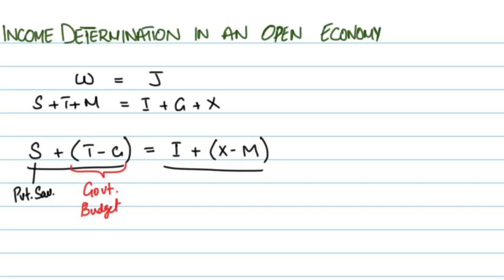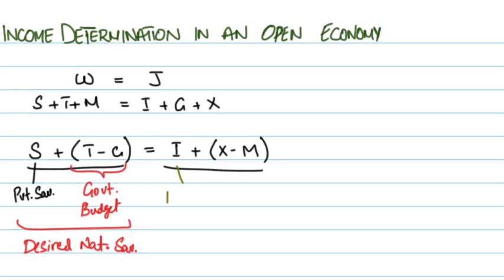And at any time, T minus G will always be a surplus. The government will not spend in the form of government expenditure more than it gets in the form of net taxes, right? So this can be regarded as public sector saving. So this entire S plus T minus G becomes desired national savings.